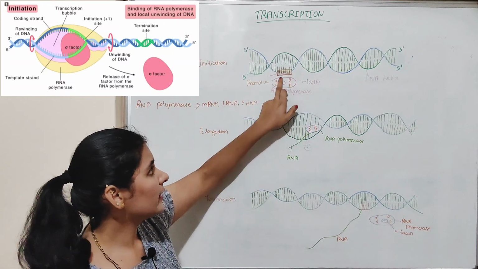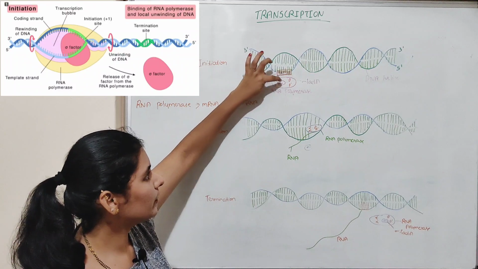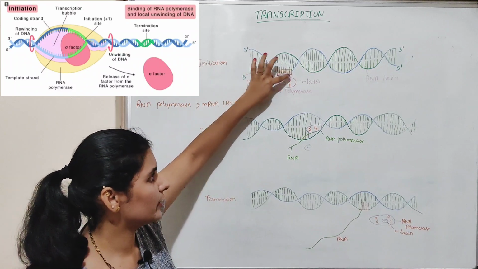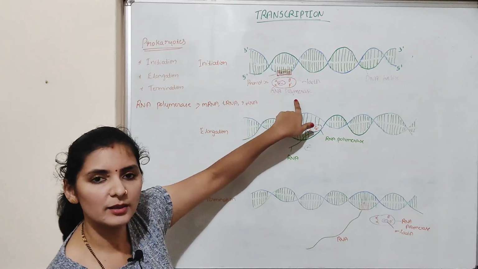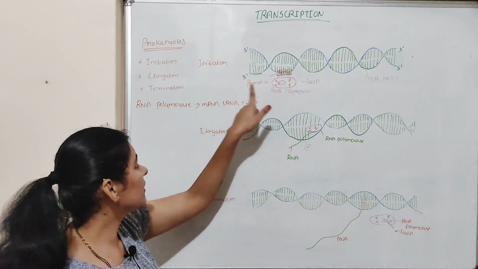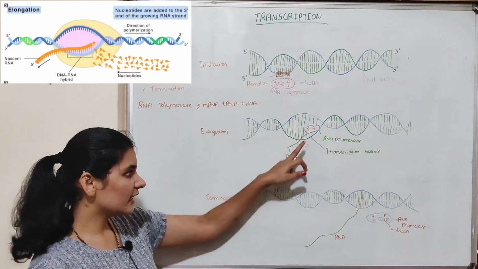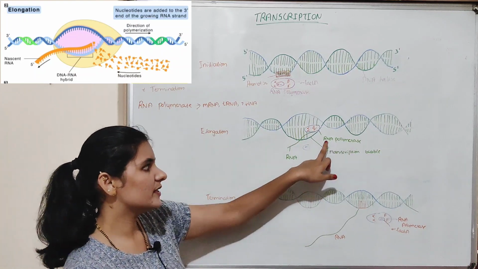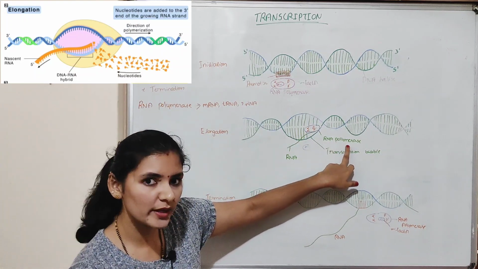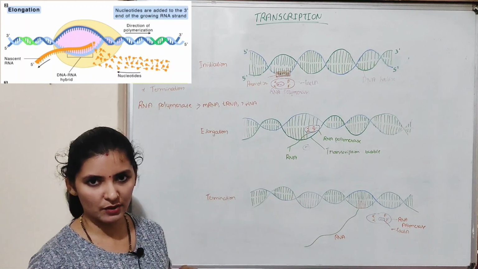Then only the core enzyme part, which has 2 alpha subunits and a beta and beta dash subunit, will proceed with the second step, that is the elongation step. In elongation, the RNA strand is elongated, catalyzed by the RNA polymerase core enzyme after the release of the sigma factor.